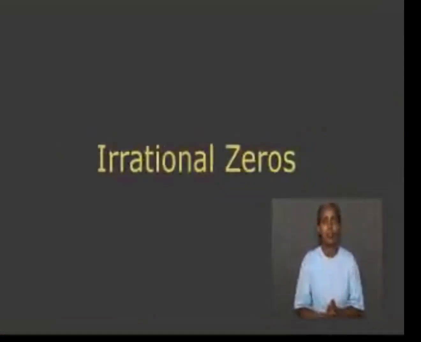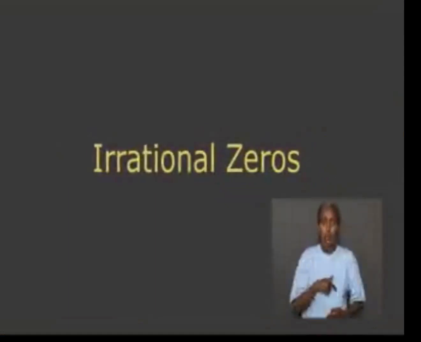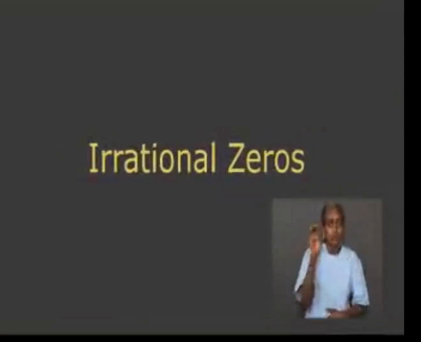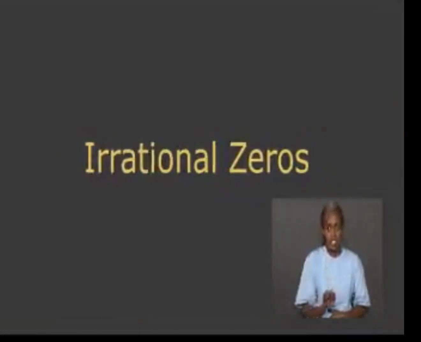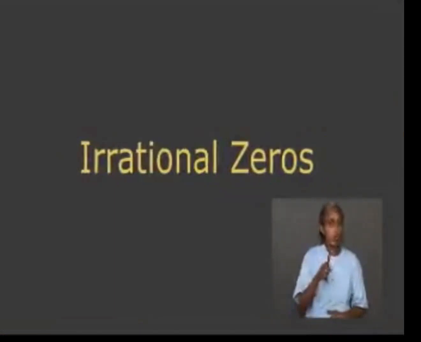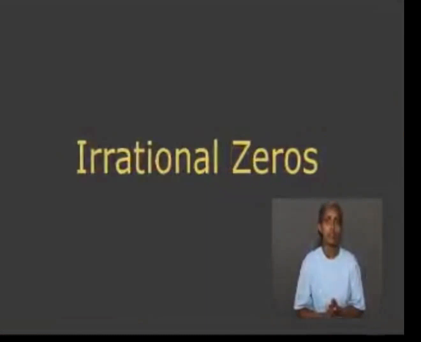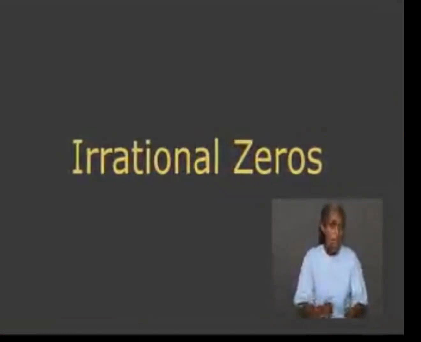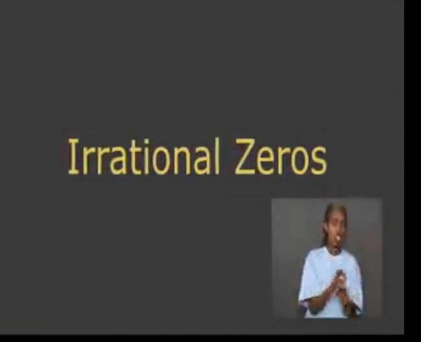Therefore, we need to be able to find the irrational zeros of a polynomial. One method is based around a function's change of sign.